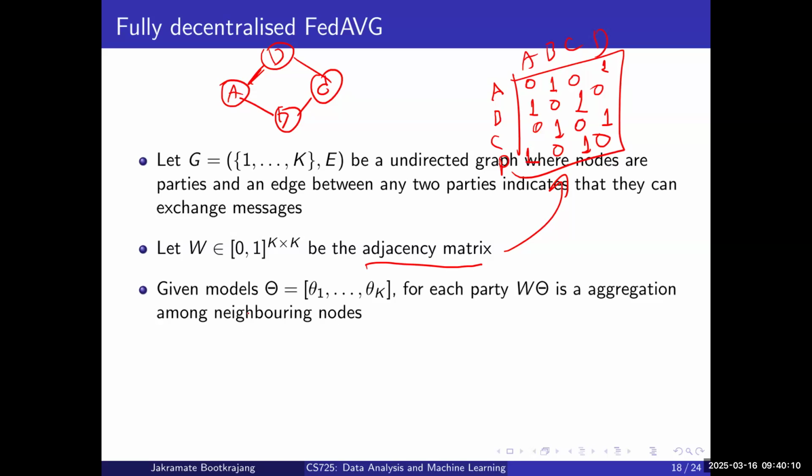And we have a model for each of the devices, the same way, from 1 to k. And for each party, this W, right, times weight, is the aggregation among the neighboring nodes.